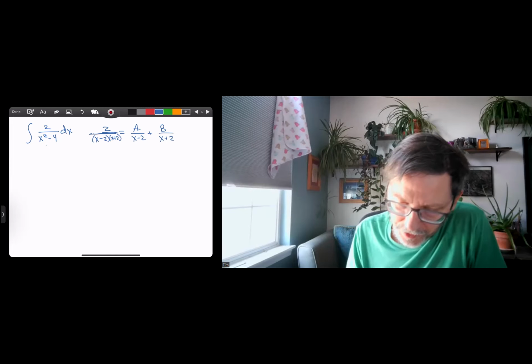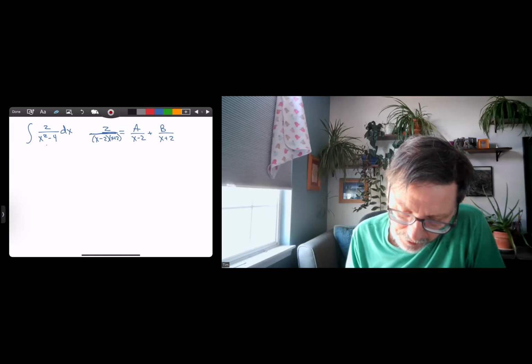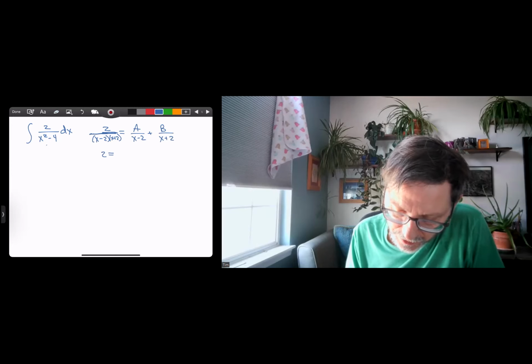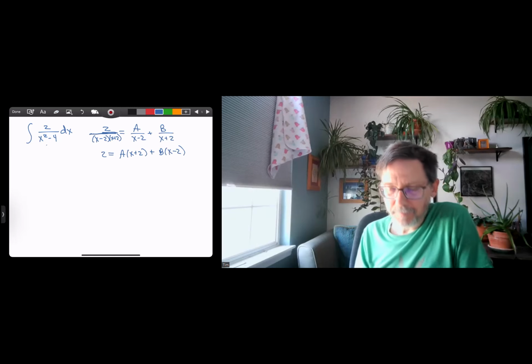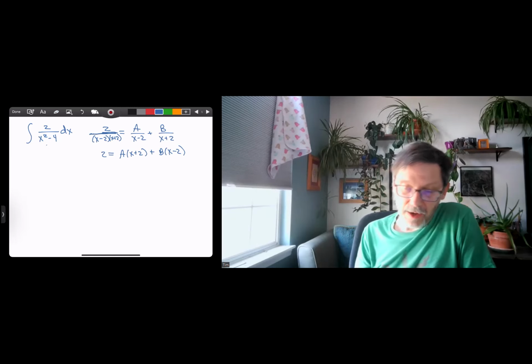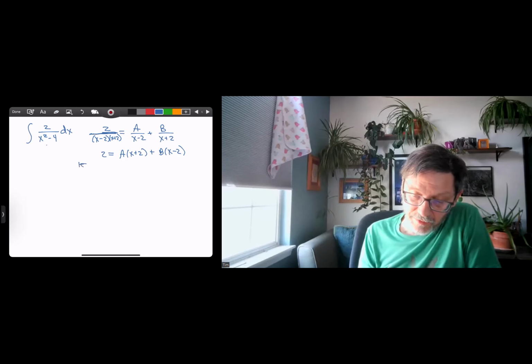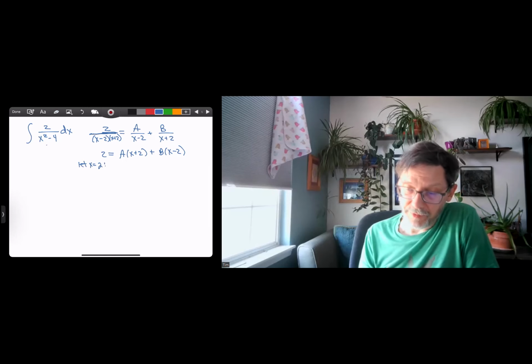Clear it all out, multiply through by x minus 2 times x plus 2, and I get 2 equals a times x plus 2 plus b times x minus 2. Now I'm going to pick values. I'm going to let x equal positive 2, and that's going to kill off the b. So 2 is equal to 4a. And so a must equal a half.